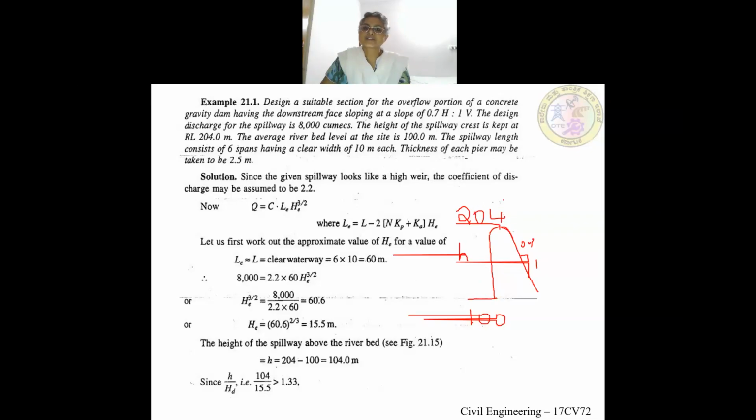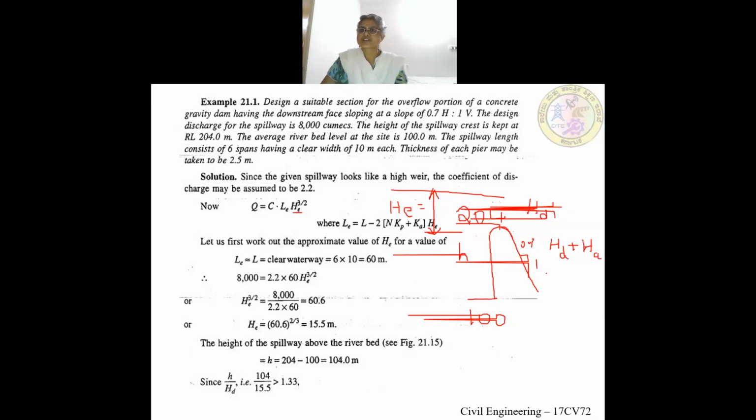Over this, there will be this He. This will be your He, that is the head of water above the crest of the spillway, which includes the design head Hd plus Ha, where Ha is the head due to approach velocity, Hd is the design head.